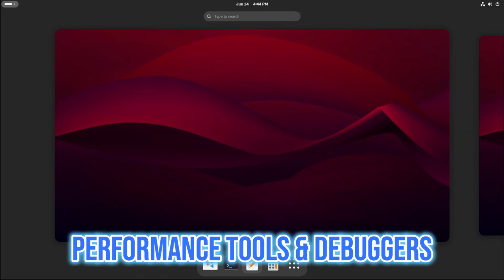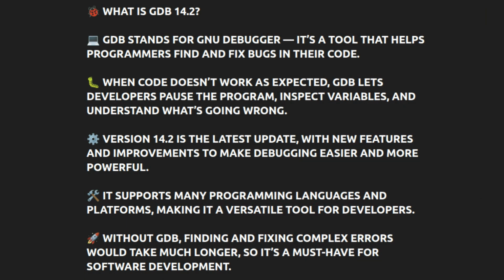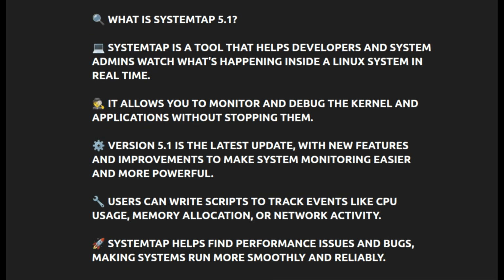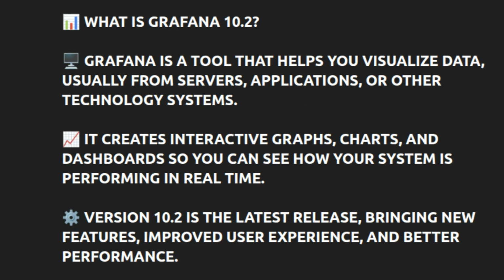For developers and sysadmins, there are new versions of performance tools and debuggers too. GDB version 14.2, Valgrind version 3.23, SystemTap version 5.1, Performance Co-Pilot version 6.3, and Grafana version 10.2.